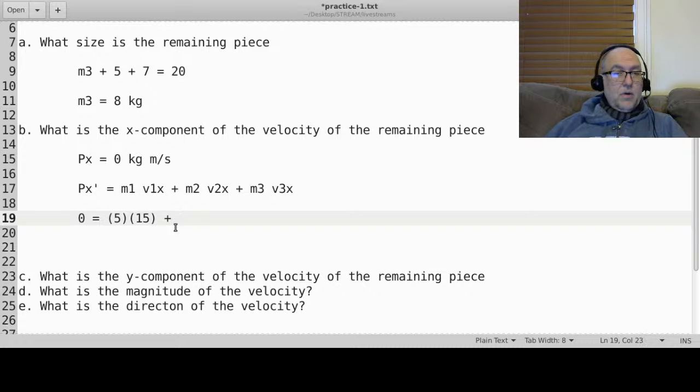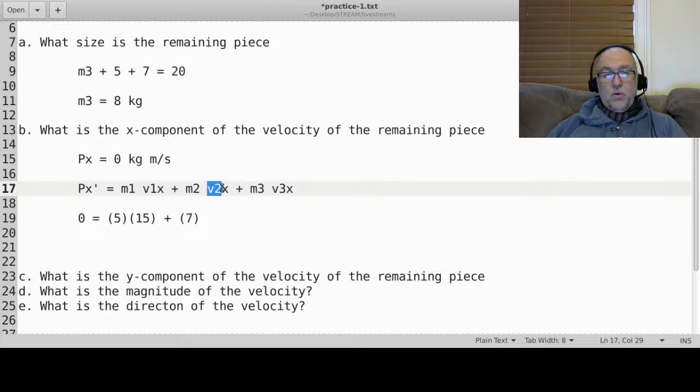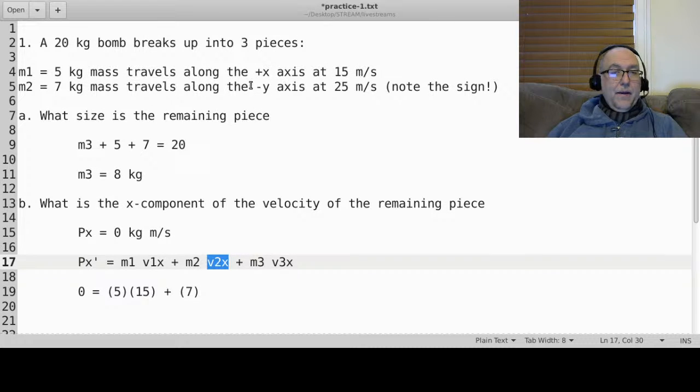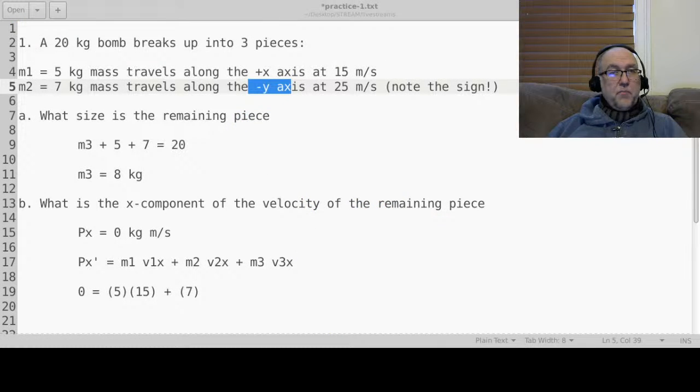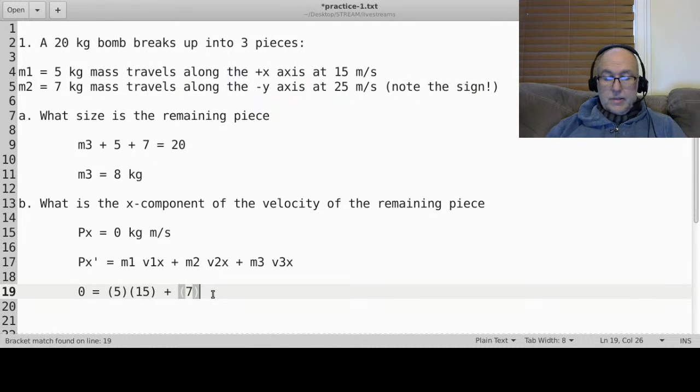Now, m2 is 7 kilograms. Its x component, however, is 0. Why? Because it's traveling purely along the negative y direction. If you take a look at that vector for the 7 kilogram mass, there's no x component to it at all. So its component along the x direction is 0. So over here, that's going to be 0.